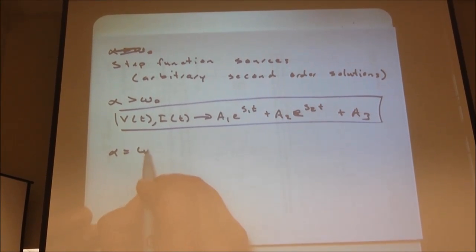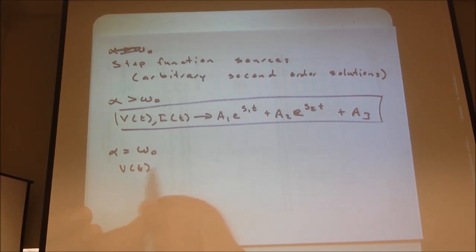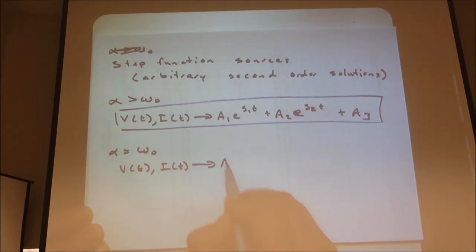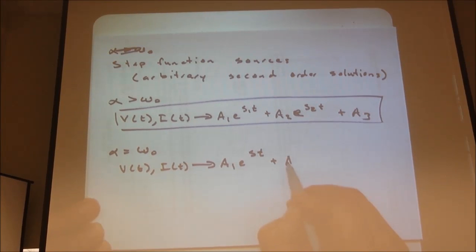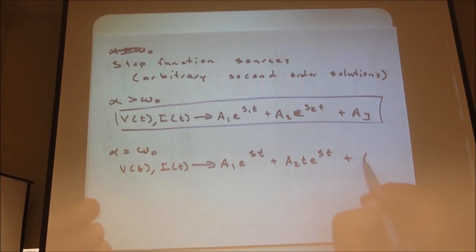Alpha equals omega naught. And again, this could be anything. It goes to A1 e to the st, which is just minus alpha, we saw that, plus A2 t e to the st plus A3.